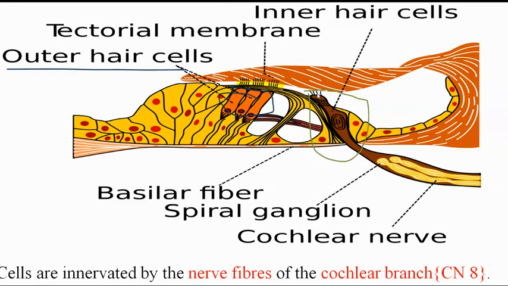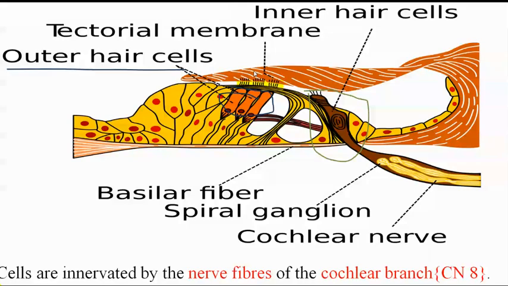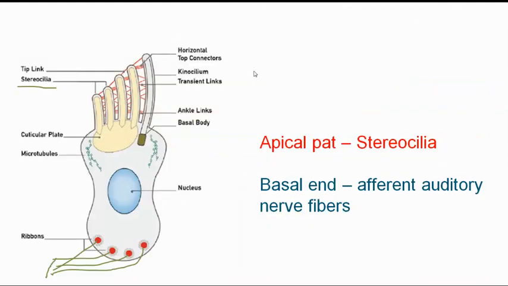Here you can see the presence of the inner hair cell, and this is the membrane which is called the tectorial membrane. This is a thin elastic membrane, and this tectorial membrane is found over the rows of stereocilia, and this is the structure of an individual hair cell.